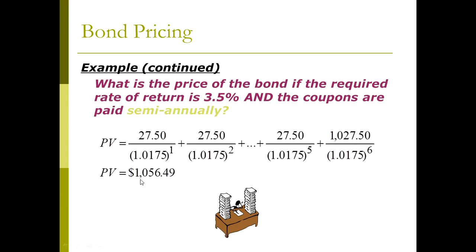But here, when it's paid semi-annually, the present value is $1056.49, which is 46 cents more expensive. Why is that?